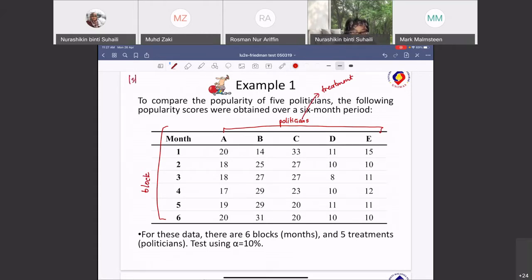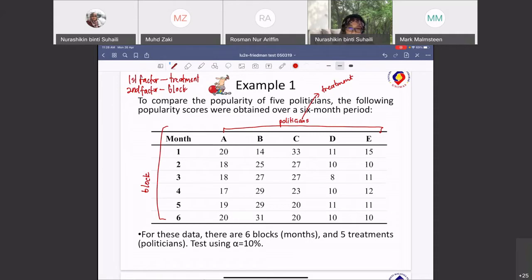Remember, our first factor is normally referred to as treatment, and the second factor is called block. So in this topic, we are going to use the terms treatment and block. We don't say first factor and second factor anymore. So how do you know which factor is the first one and which is the second one? It depends on the question.